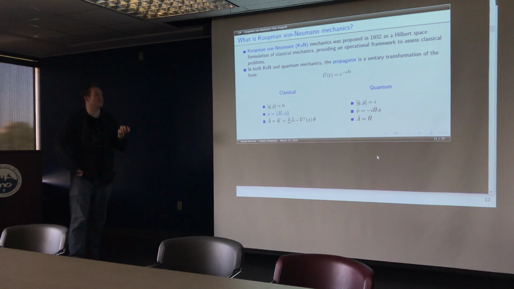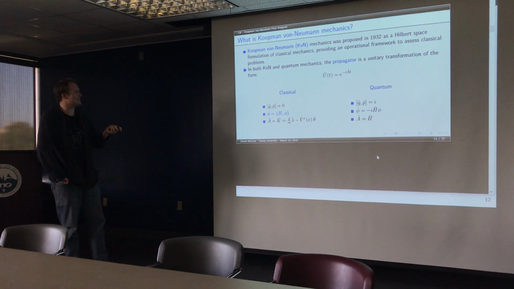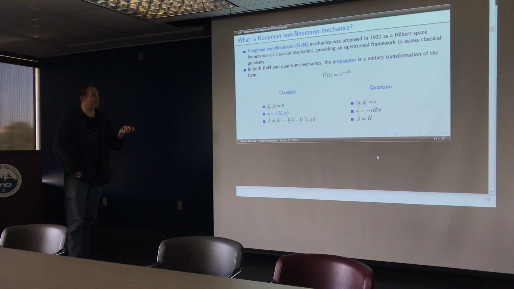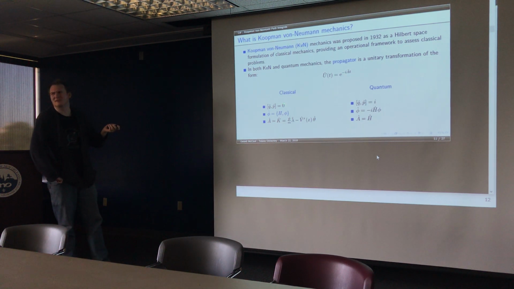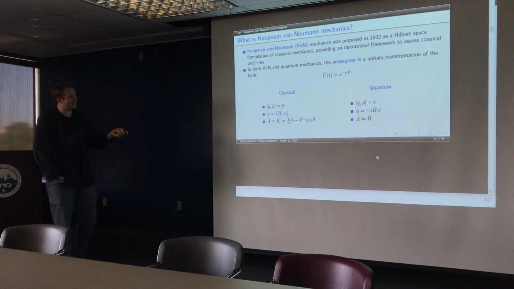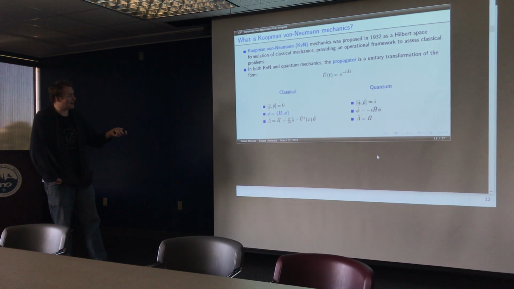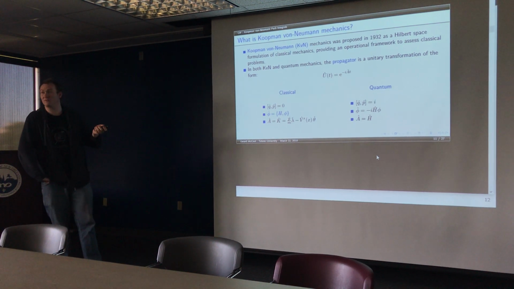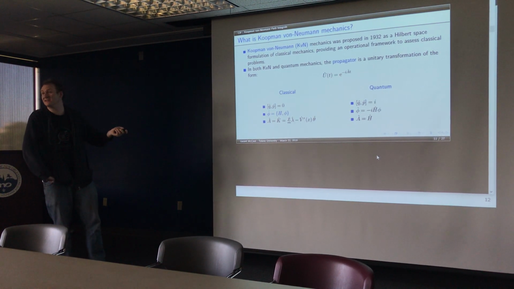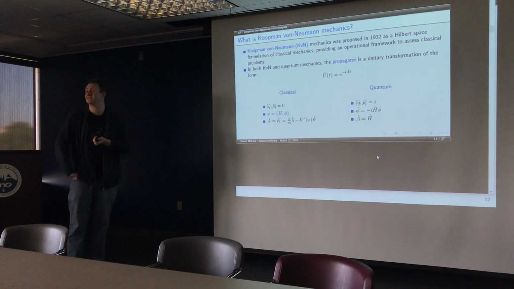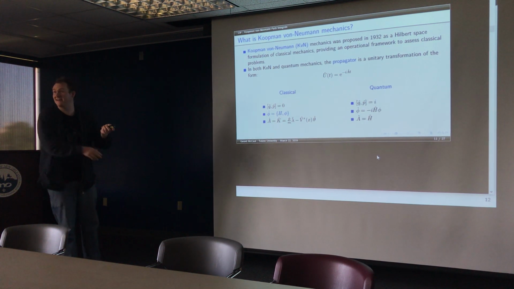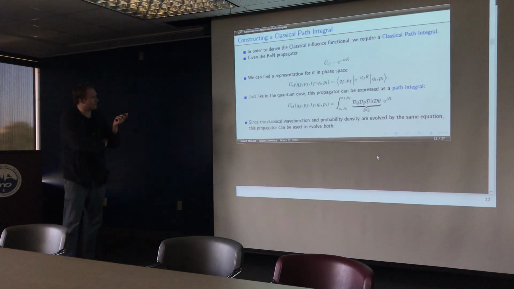The final important point is that if you take this option of describing classical mechanics and you have classical wave functions which when you square give you probability distributions, it turns out that in the QP phase space representation, the equation of motion for your classical wave functions is just the same as it is for probability distributions. That is, it's the Poisson bracket, which is very important.